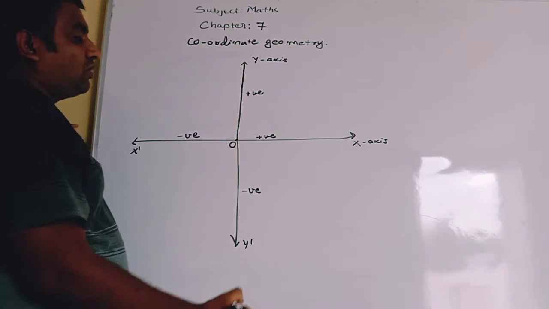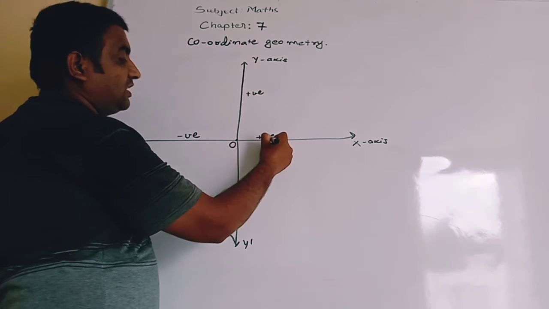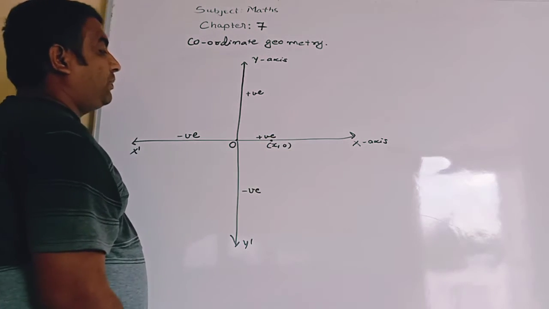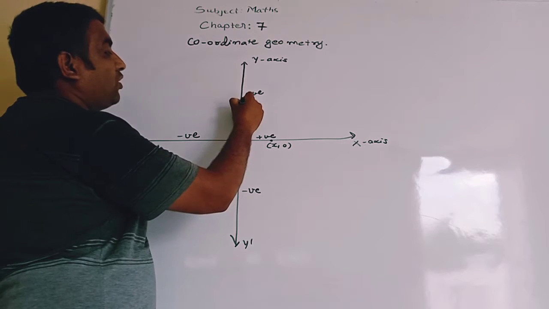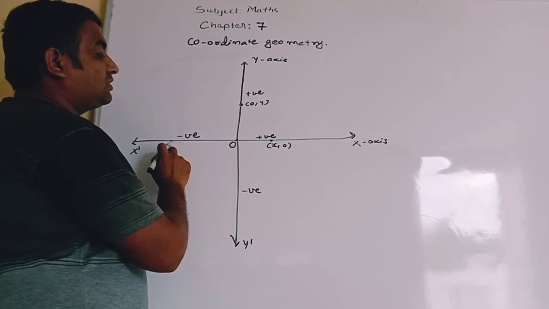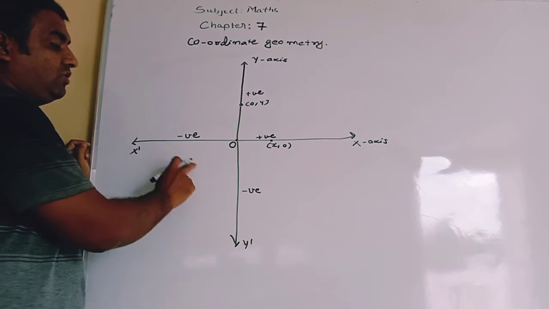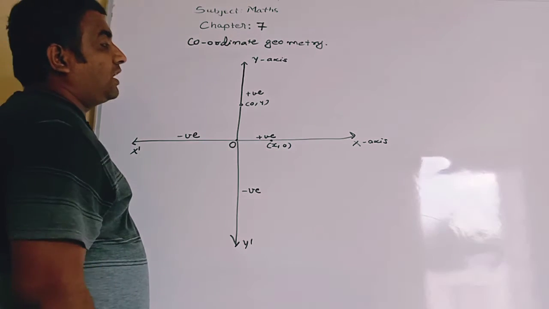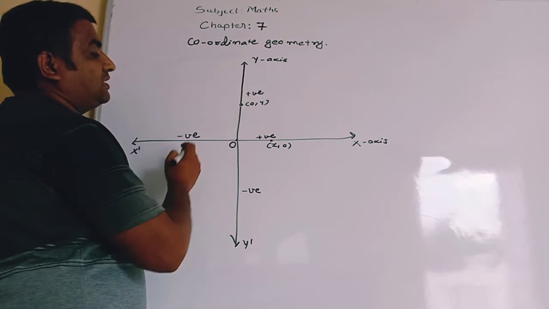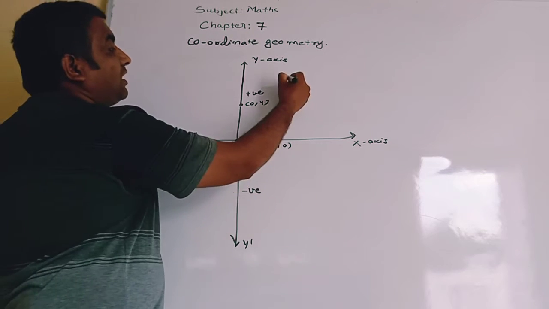So the points on the x-axis are of the type (x, 0), and the points on the y-axis are of the type (0, y). If they are on the negative side, then (minus x, 0) and (0, minus y). Okay. Now these four parts are known as the quadrants.